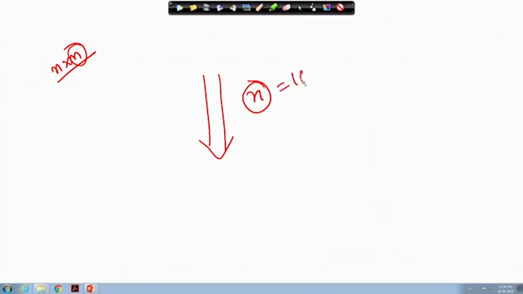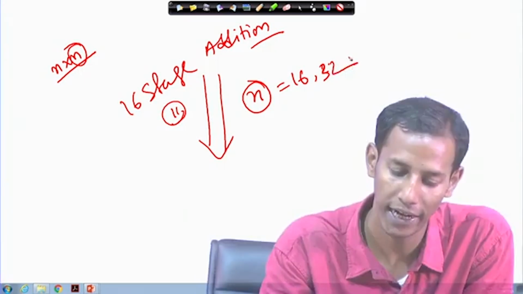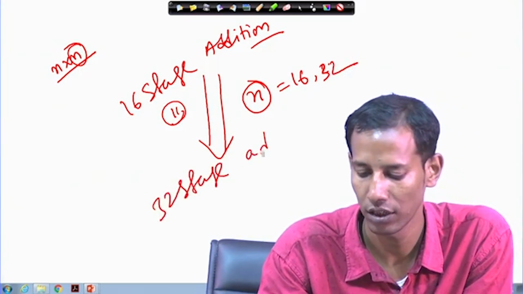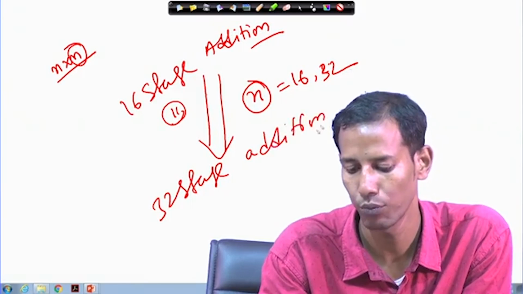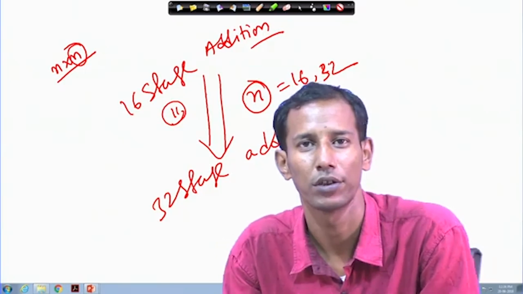If n is 16, that means I require 16 stages of addition operation. If n is 32, then 32 stages of addition operation are required to perform the final computation of the multiplication.